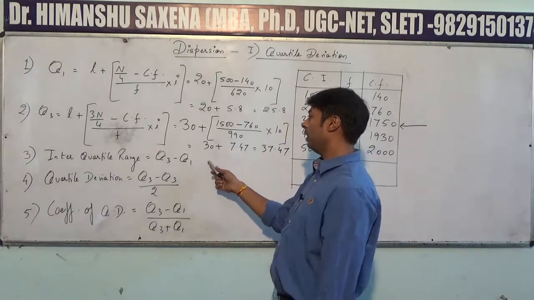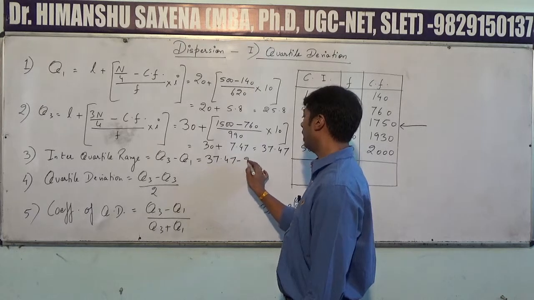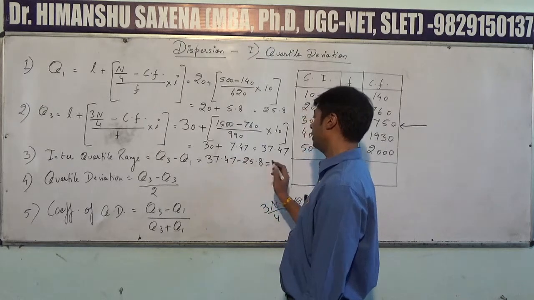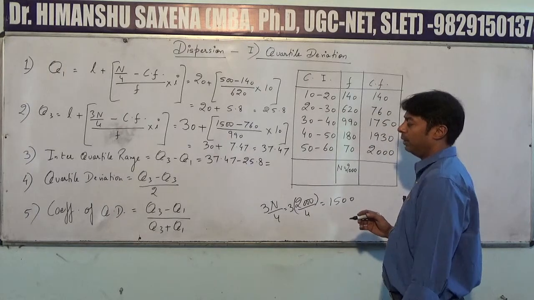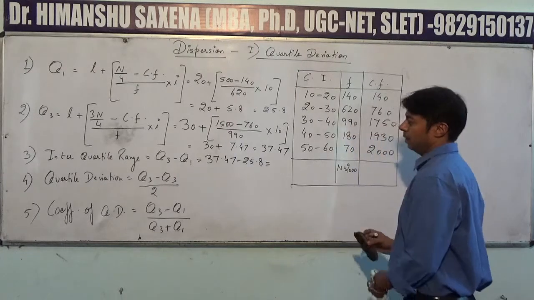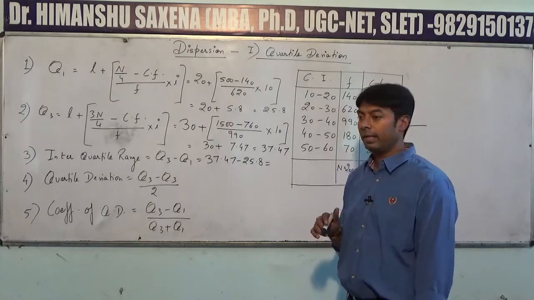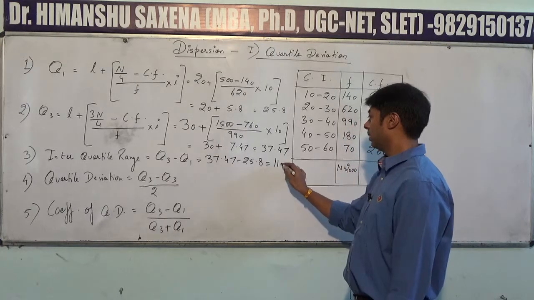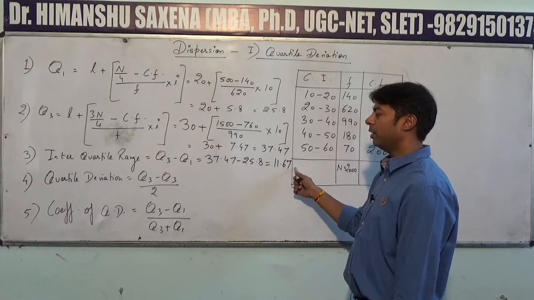We will find out the interquartile range, that is 37.47 minus 25.8. Subtract 25.8 from 37.47 and see what the interquartile range is. 11.67. That is the value of interquartile range.